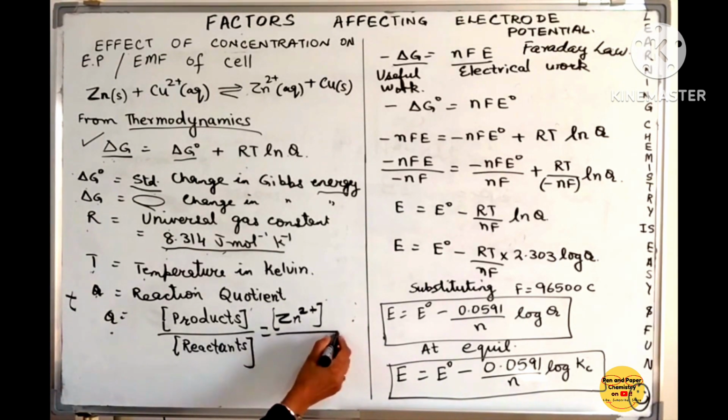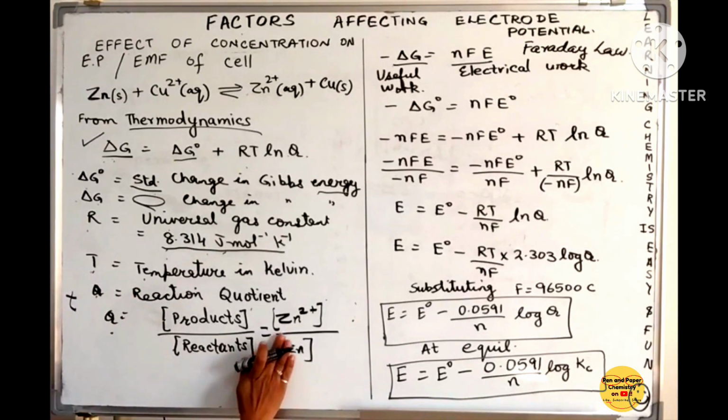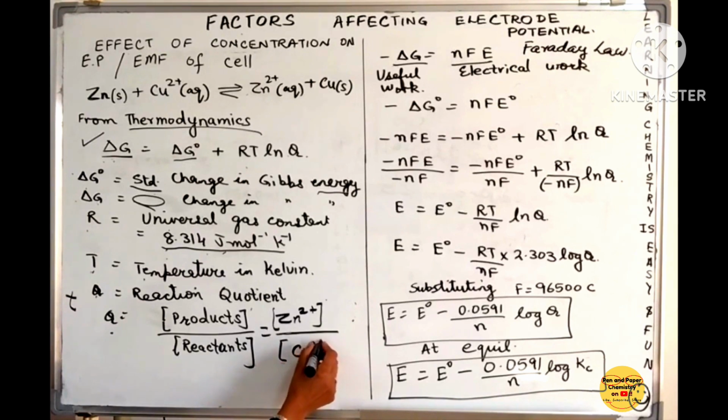Coming to the reactants, here I have zinc solid. How do I represent the concentration for zinc solid? Square bracket zinc. But again, because this is in solid form, we take it as unity because the reaction is taking place only on the surface. So what do I write for the reactants? Only the copper ions.